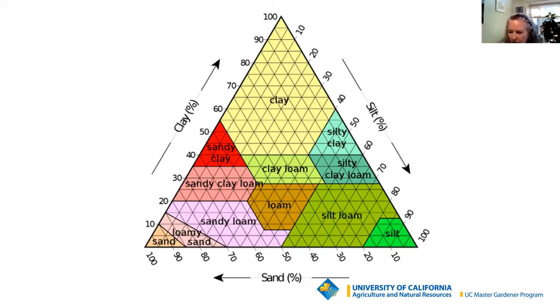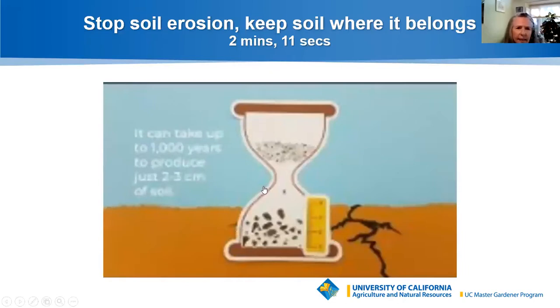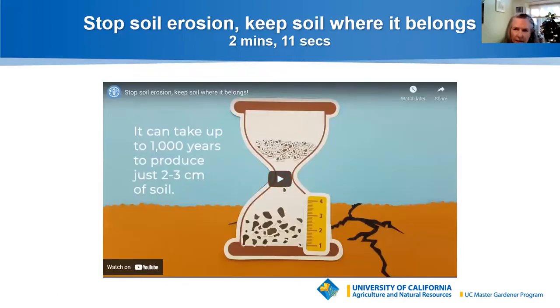The loam mix is of the organics and the clay with the silt that feeds the roots of the plants and the trees. So let's take about 2 minutes and play a video so that you can see what soil erosion is from one point.